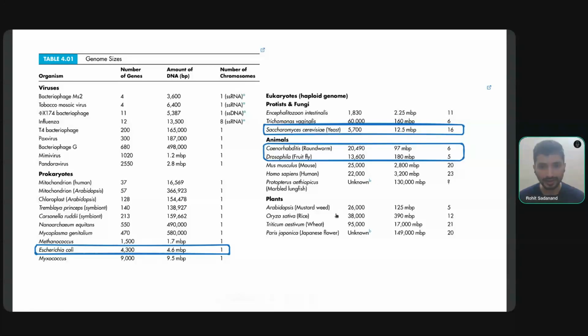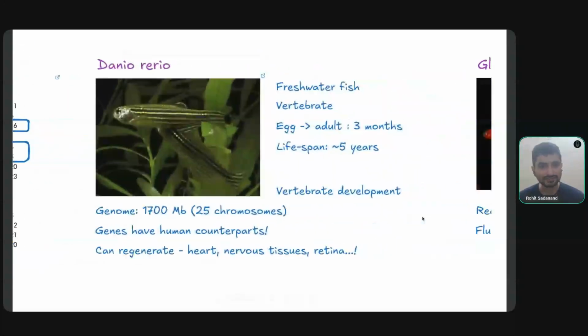Whereas Paris japonica, which is the largest genome that we know of, has 149 giga base pairs of genome, the smallest genome among flowering plants belongs to Arabidopsis thaliana, which we'll also see briefly in this video. So let's move on.